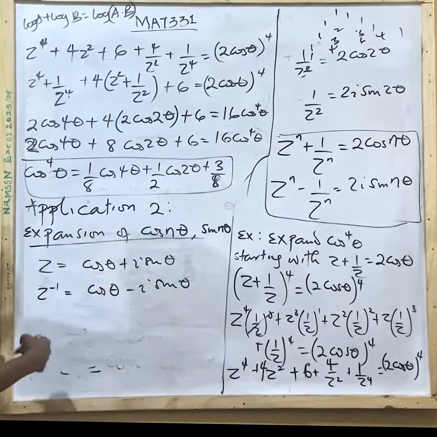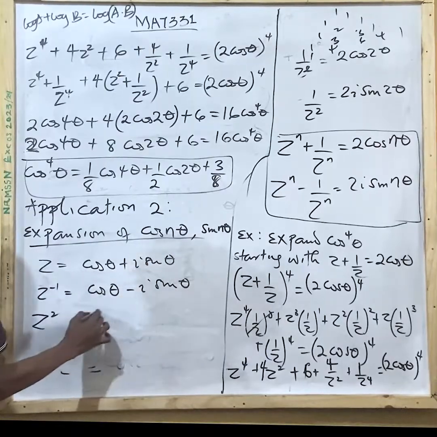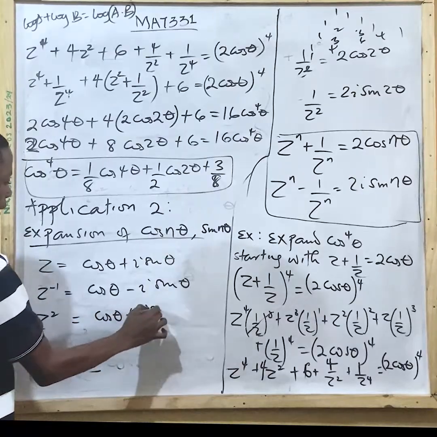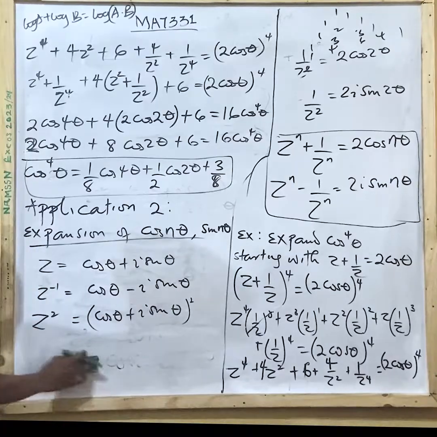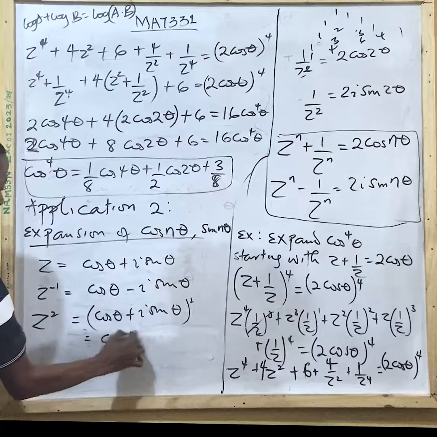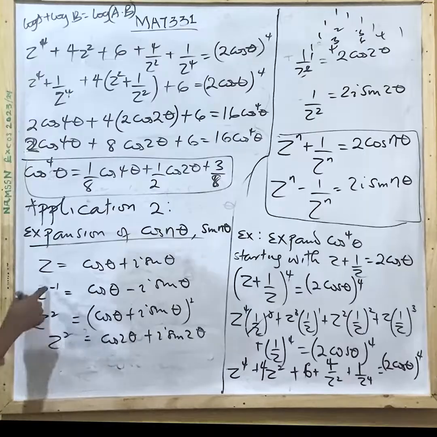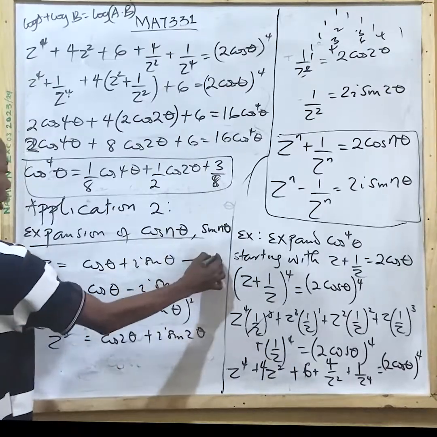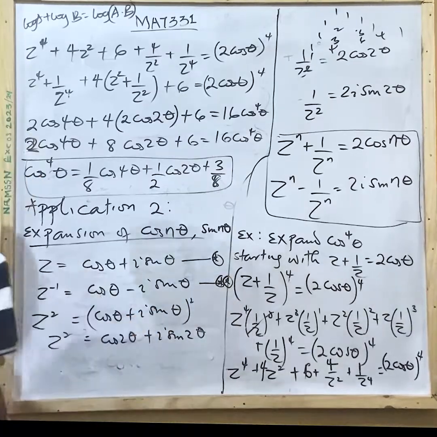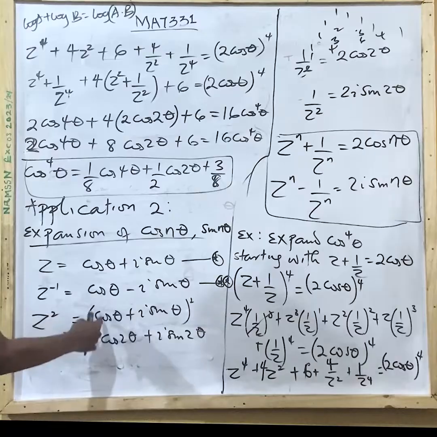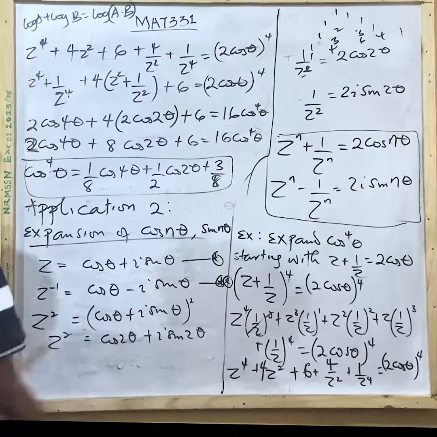If I take the square of both sides, from the first one, z squared will be cos theta plus i sin theta all squared, which is cos 2 theta plus i sin 2 theta. Say this is equation star, and the second one is star star, for example. So if z is this, z squared is cos theta plus i sin theta all squared, that's cos 2 theta plus i sin 2 theta.